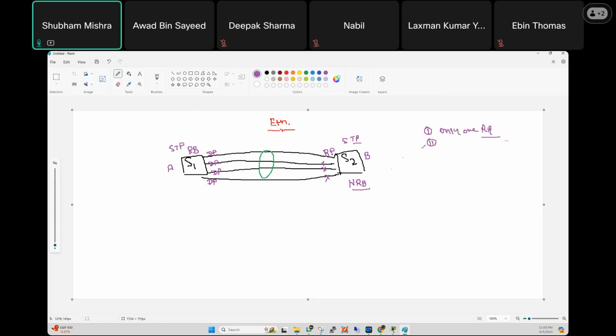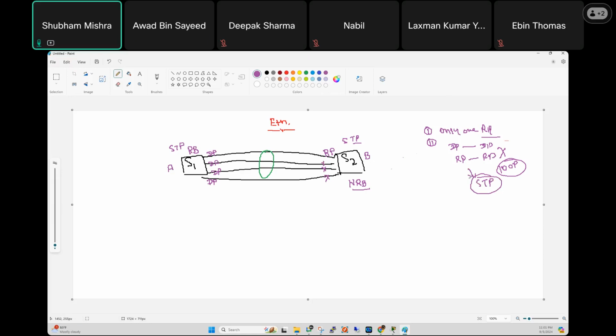The second rule I told you is that on a single link, DP, DP, RP, RP is not possible because it will create what? Loop. Yes, everyone? Yes or no? Yes. And this is the functionality of STP, to avoid these things.